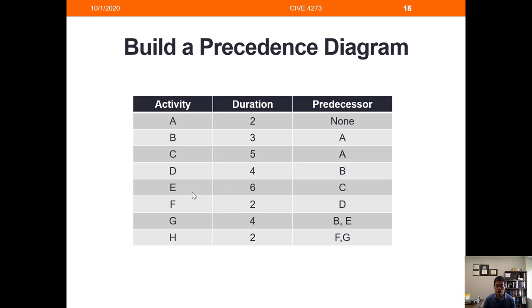Alright, I assume you guys have already thought about it, and I don't know what your answer is, but I just would like to tell you that once we have the information of predecessors, that should be enough. That should be sufficient for us to build a precedence diagram, because once you establish the predecessors, the successors are known automatically.